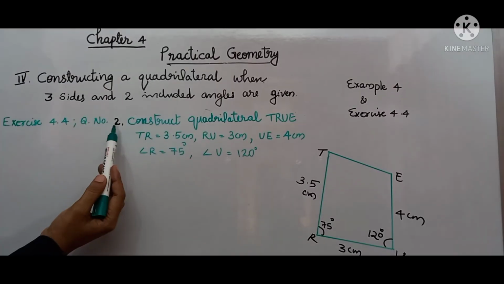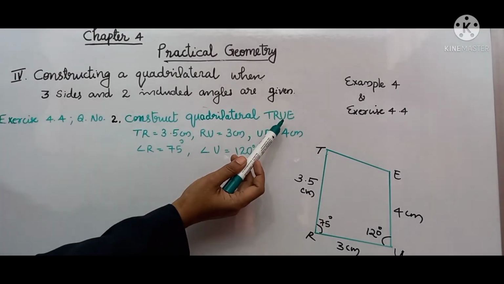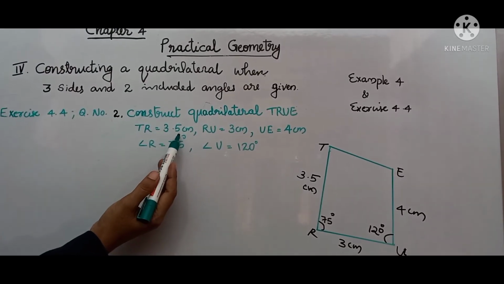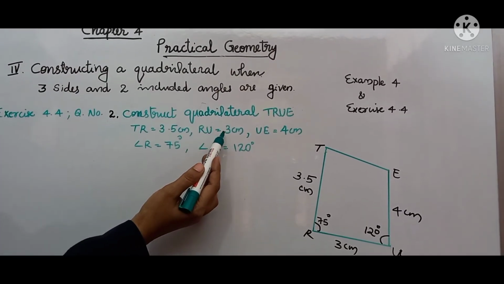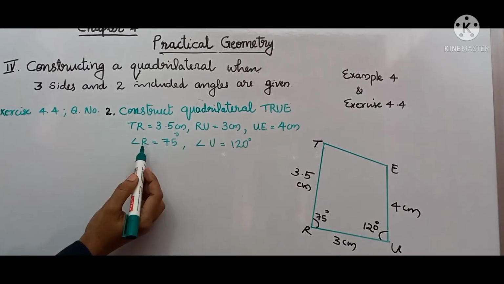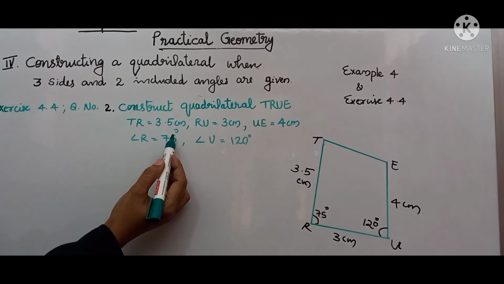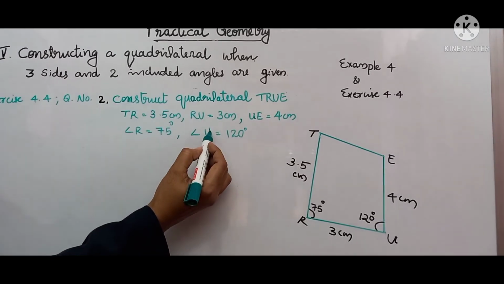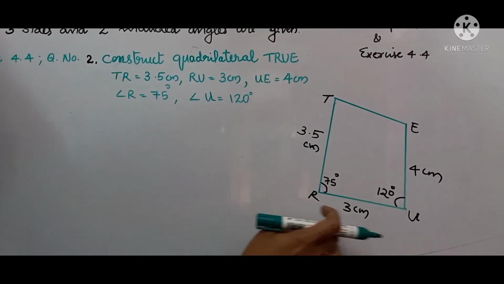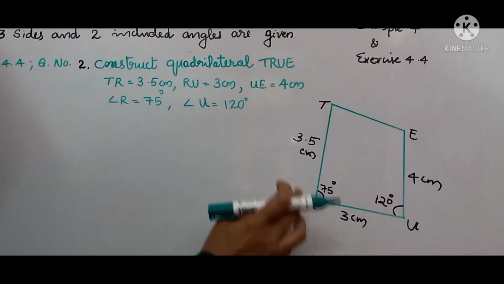Next, our second question is construct quadrilateral TRUE, where TR is equal to 3.5 centimeter, RU is equal to 3 centimeter, UE is equal to 4 centimeter, and angle R is equal to 75 degree, angle U is equal to 120 degree. Here I have drawn the rough sketch of this TRUE and mark that all measurements here.